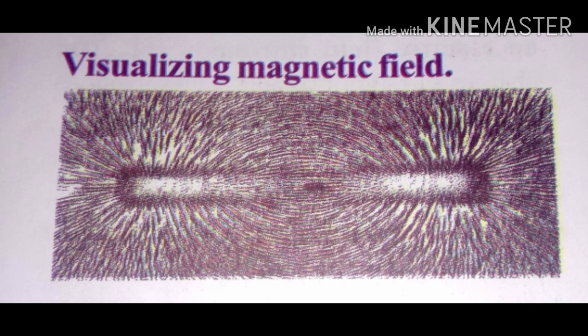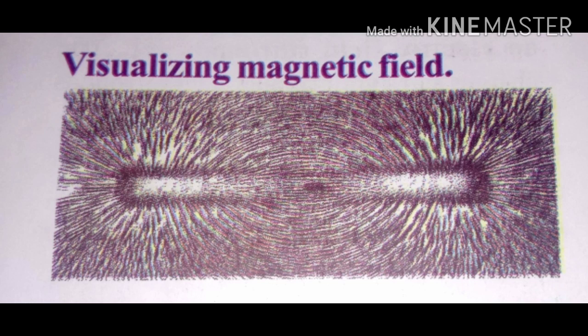You can see that in a small space around the magnet, iron filings set themselves in a pattern because they are affected by the magnetic force of the field created by the bar magnet. The pattern represents the magnetic field. The space around the magnet where its influence can be detected is called the magnetic field.